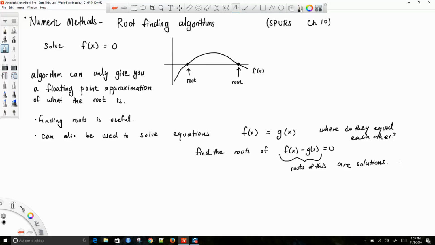Okay, and as far as these root finding methods go, they're almost always iterative methods. Okay, and that means we just start with some initial guess.